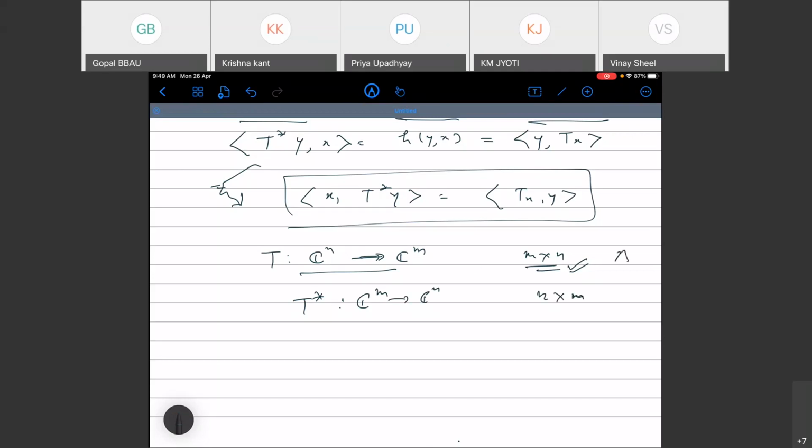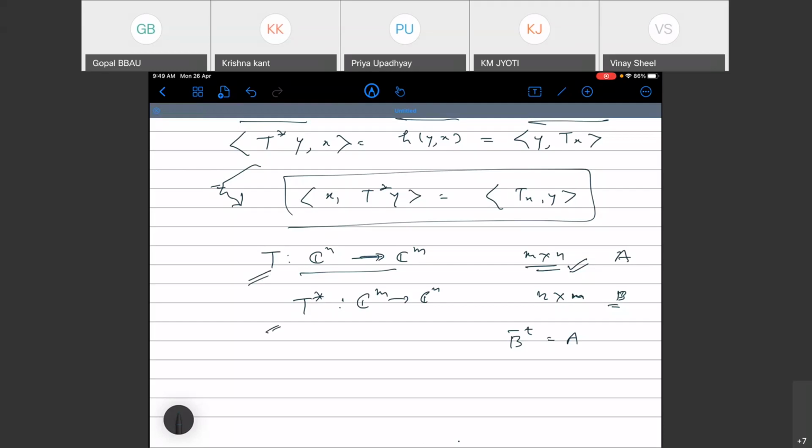Say this is a matrix A, this is a matrix B. The relation will be that the conjugate transpose of B is A. What do you people call the conjugate transpose? Tranjugate. Okay, so if T is given by a matrix, then T star will be its tranjugate.